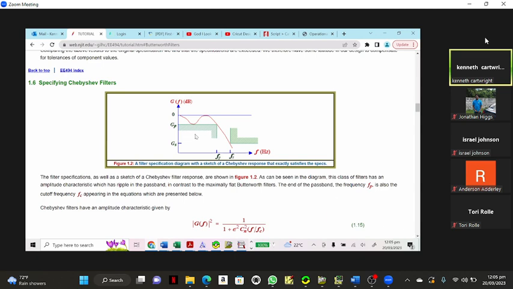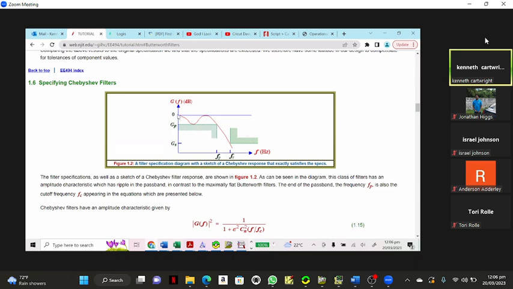Again, we are passing all these frequencies in the pass band, but we're not doing it smoothly. We have what we call a ripple in the pass band. FP is still our cutoff frequency, but is no longer at negative 3 dB.